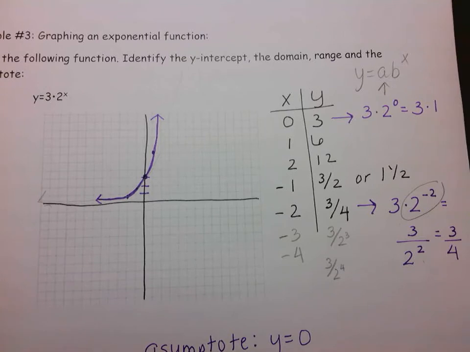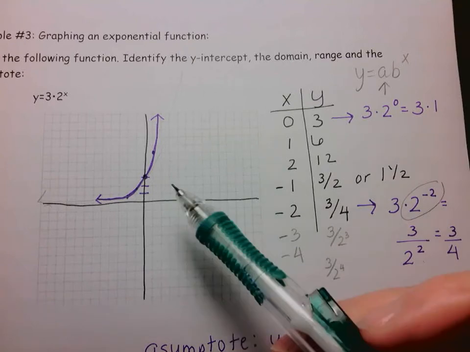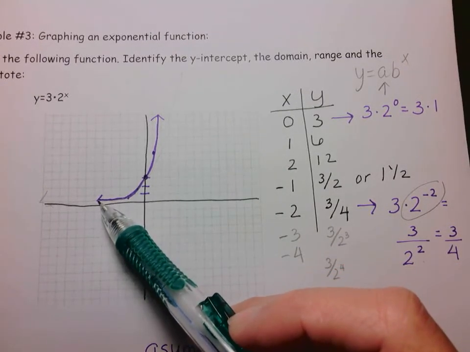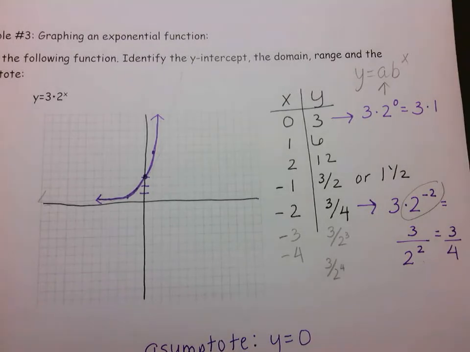So the domain is going to be all real numbers. However, your range, which are your possible values for y, is going to be greater than 0. Y must be greater than 0. Because remember, this will keep approaching y equals 0, but it will never reach y equals 0.